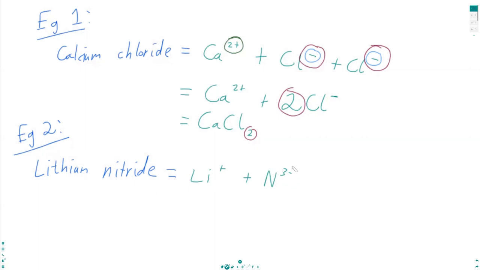In order to balance out this 3 minus ion, we're going to need more than one lithium ion, because here we have a 3 minus ion, here only a 1 plus ion. So we need 3 Li+ to go along with the N3- ion. We don't write it like this, we write it as Li3N. And there's your final answer.